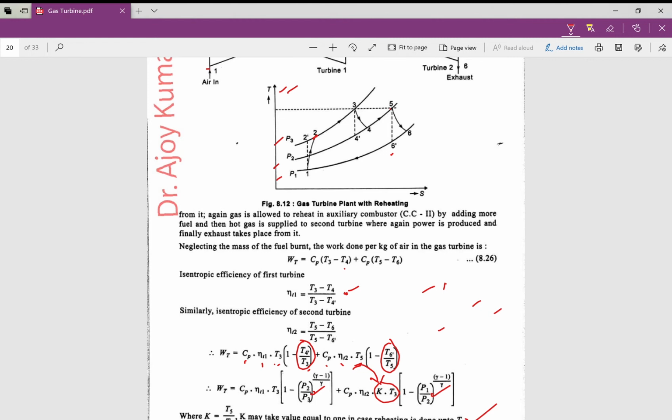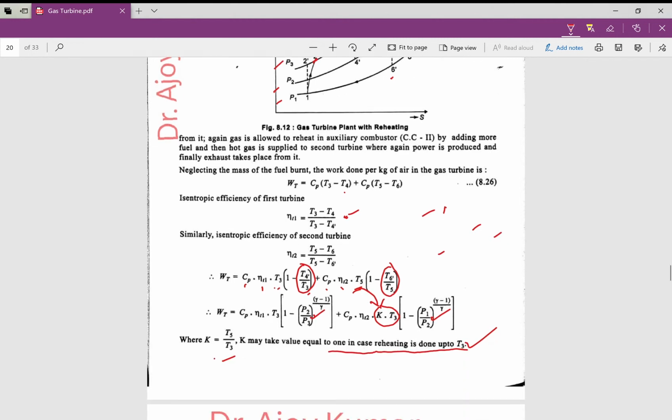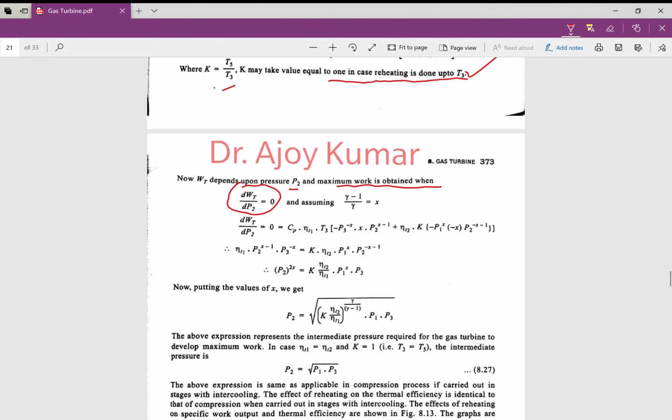So in terms of P2, which is a variable one, this turbine work is differentiated with respect to intermediate pressure P2, and equated to 0 for getting maximum work. Right?